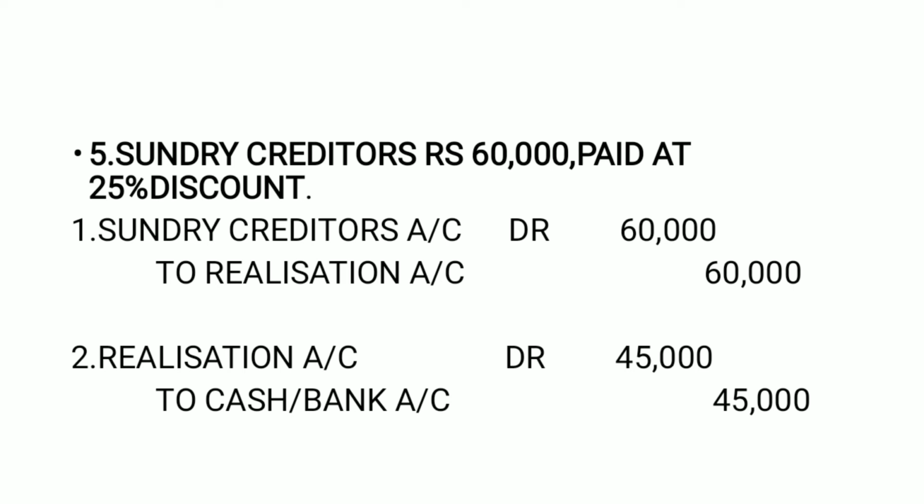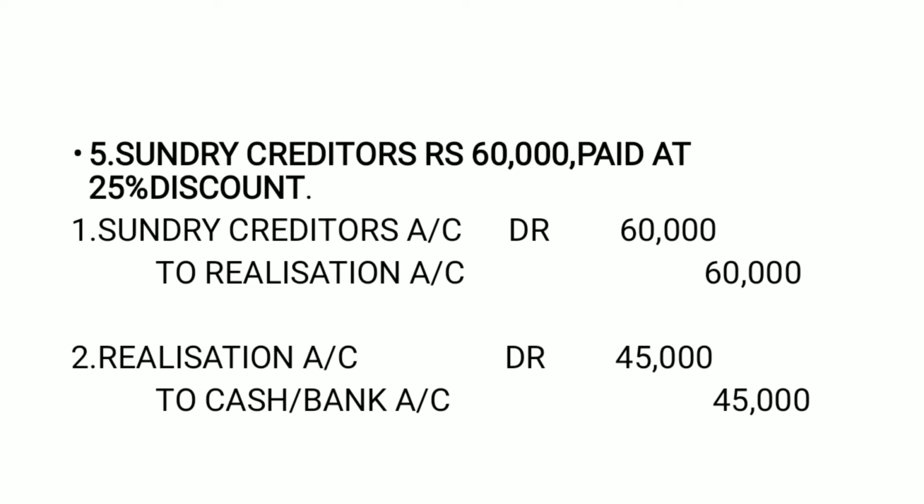Alright, so first of all, while closing the account of a liability, the journal entry will be sundry creditors account debit 60,000 to realization account 60,000.